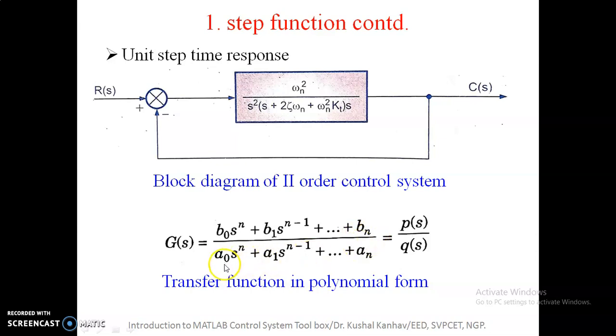Similarly, for the denominator it is a0 s to the power n plus a1 s to the power n minus 1 plus and so on up to an. Any transfer function can be represented in this manner. On the basis of this, we are going to write the MATLAB program for different functions, and we will execute those MATLAB programs.